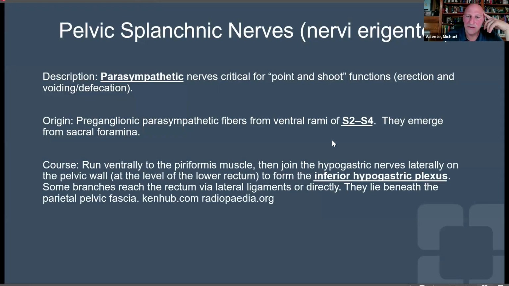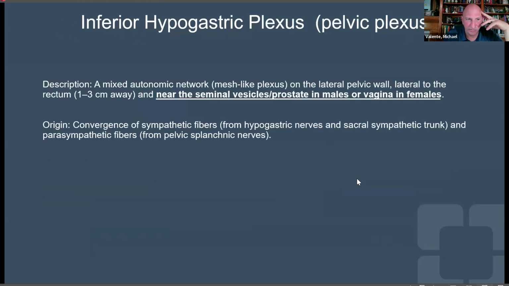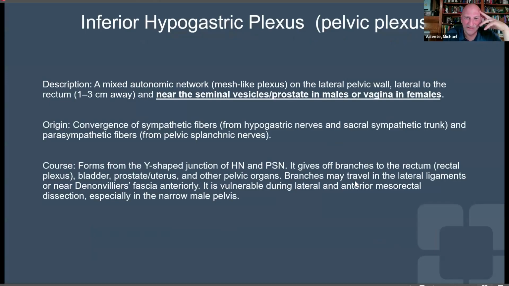And then they'll join up with the hypogastric nerves to make the inferior hypogastric plexus. This is the one that's around the prostate. So inferior hypogastric plexus: seminal vesicles, prostate, anteriorly in a male. These are the ones that get banged up and essentially destroyed during prostatectomy. You hear about those, or doing a radical cystoprostatectomy when you're doing a conduit.